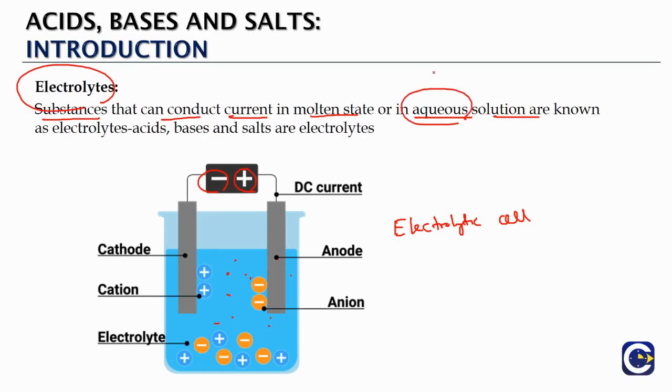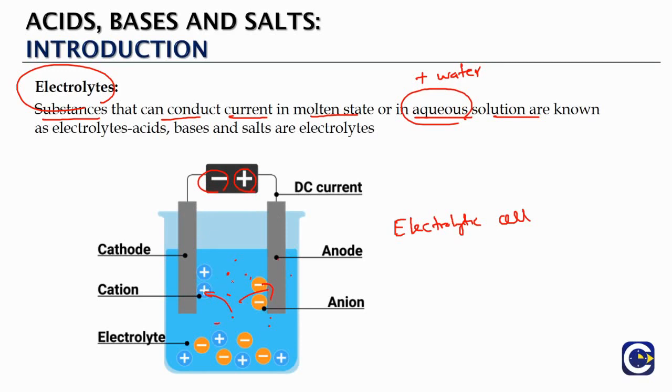Aqueous solution means the solution of any substance with water. Then we will see that the anions will be moving towards the anode. Anions are negative charge, so they'll go to the positive electrode, and cations are positive charge, so they will go to the negative electrode.